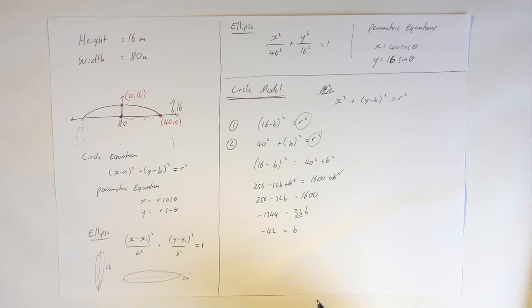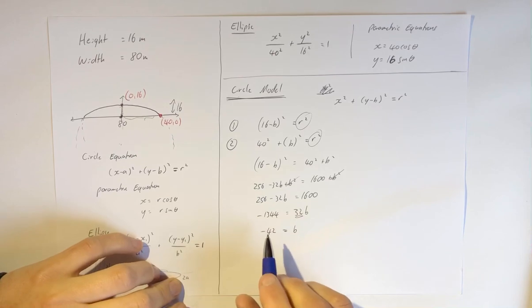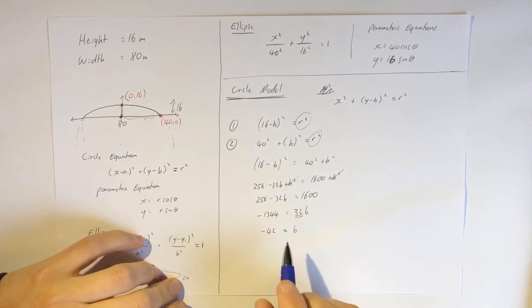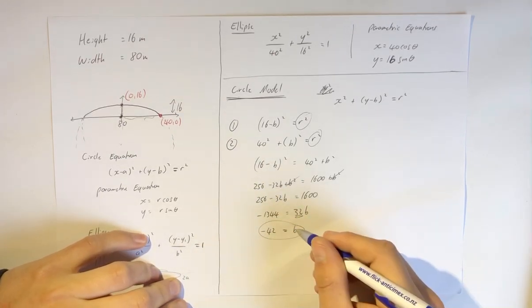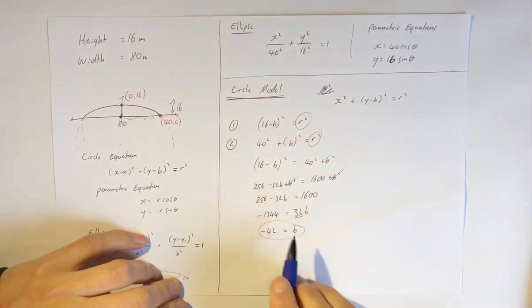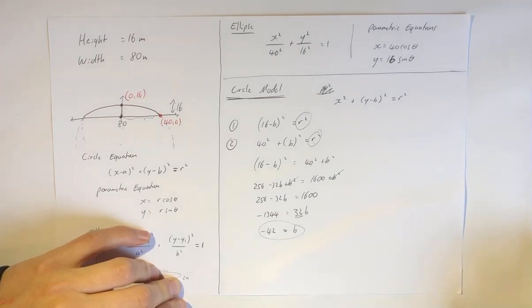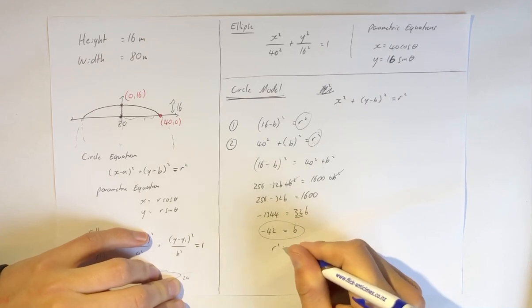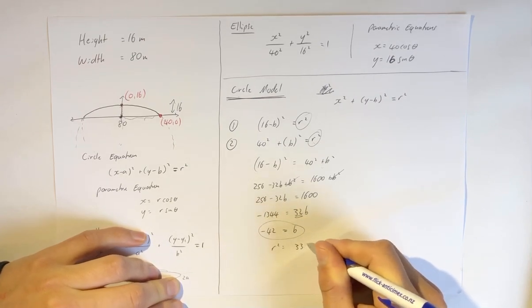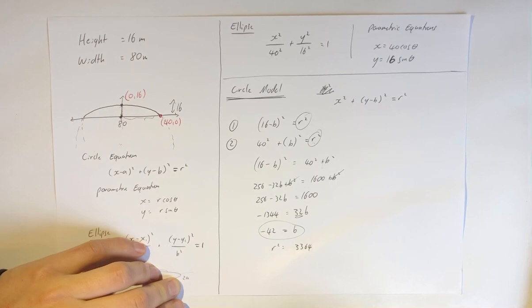So let's have a look at this. So b is negative 42. I just need to figure out what my r is going to be. So I can just take this and plug it into either of these. So I might just plug it into the second equation. So if I get 40 squared plus 42 squared, and then I square root that, well, I don't need to square root it, but r squared is actually 3364.